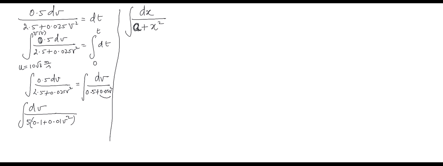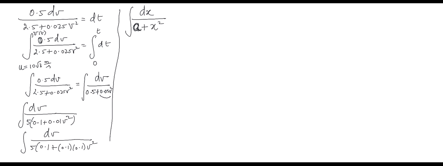The write-up would have helped you to do that, right? Okay. So I did an extra step here. So this will look like the integral of dv divided by 5 multiplied by 0.1 plus, this 0.01 is nothing but 0.1 multiplied with 0.1, isn't it? Yes.